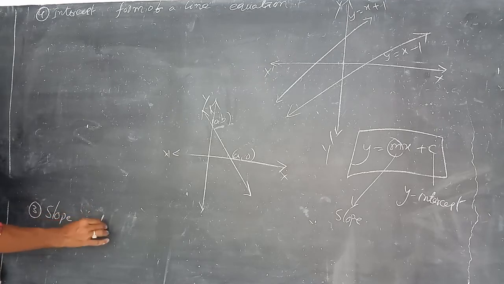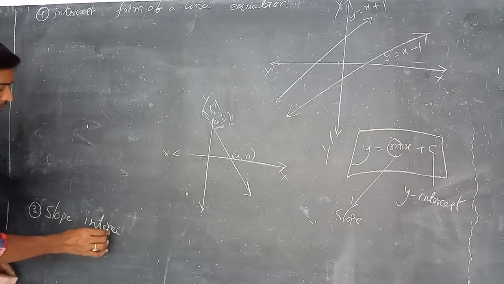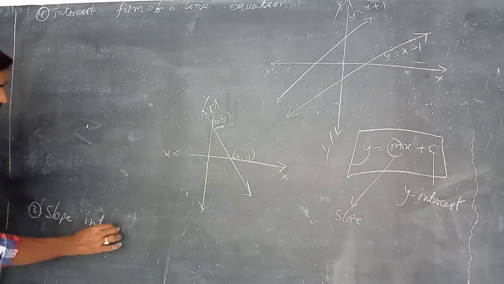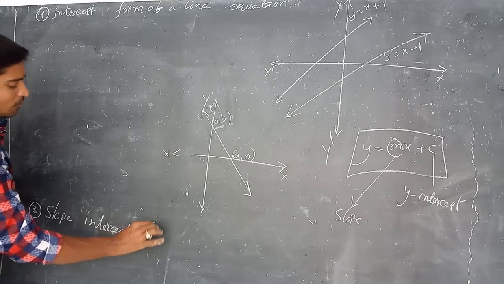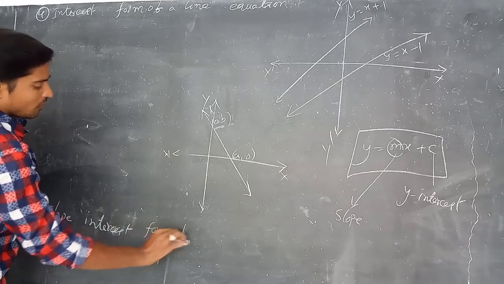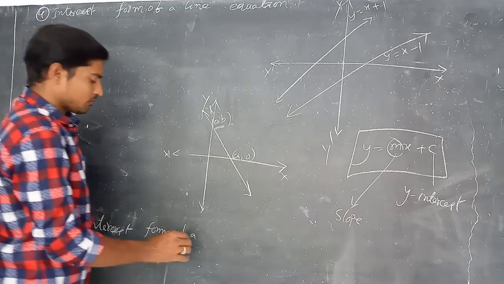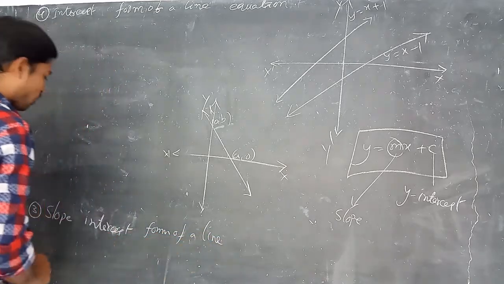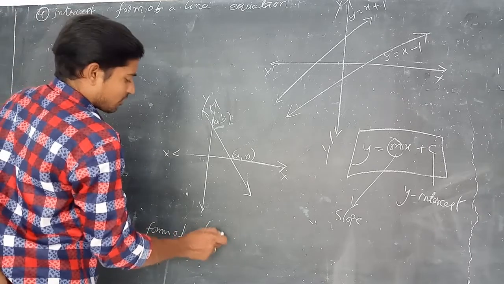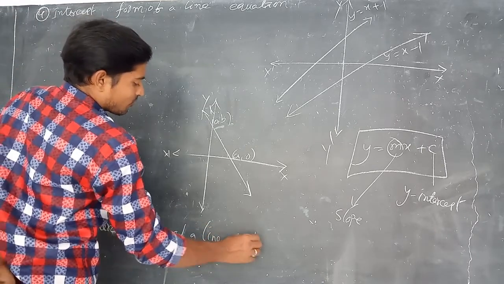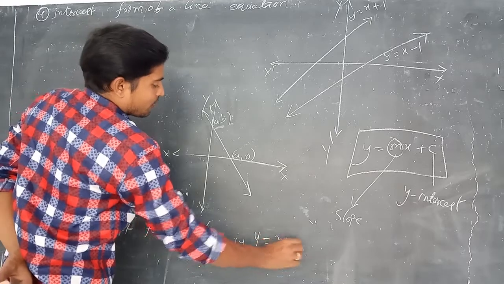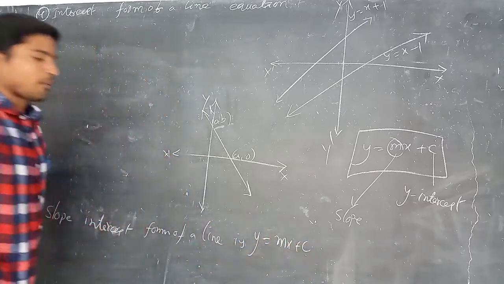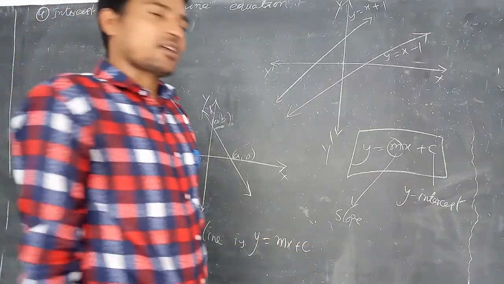Slope intercept form of a line equation is y is equal to mx plus c, where m is the slope of the line and c is the y-intercept.